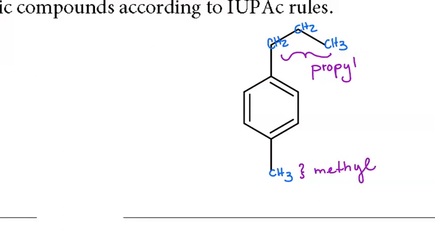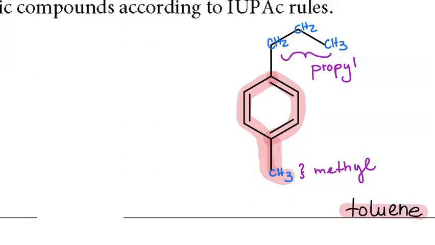Now, there is a special name that I can give my benzene ring when it has a methyl group, and that's going to be my parent chain. What is that special name? Excellent job. You're getting the hang of this. I'm so happy. So the last word is going to be toluene, because that becomes my parent chain.